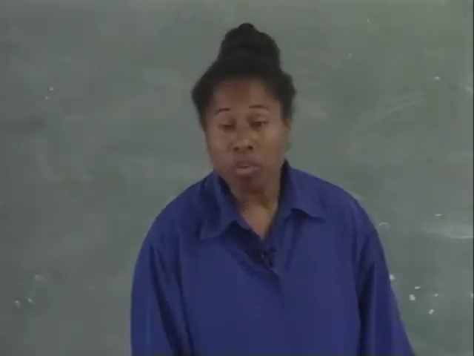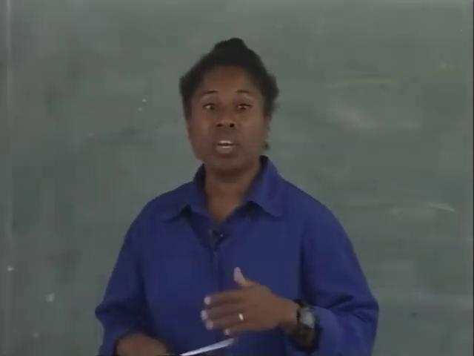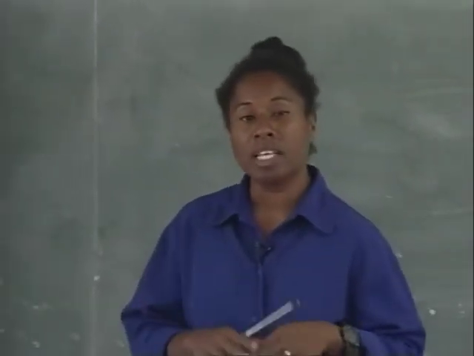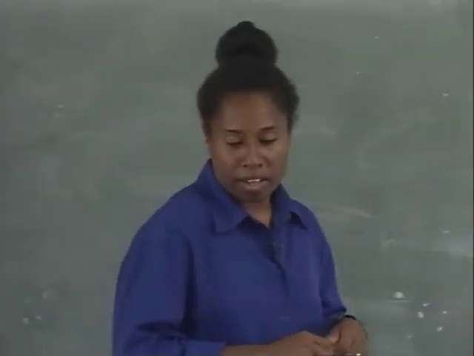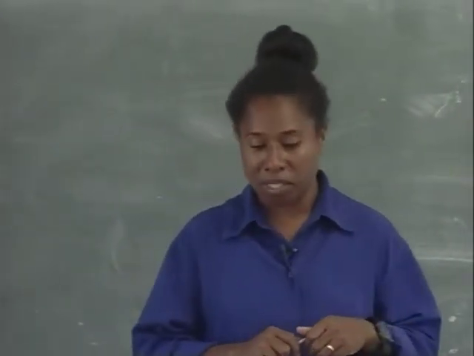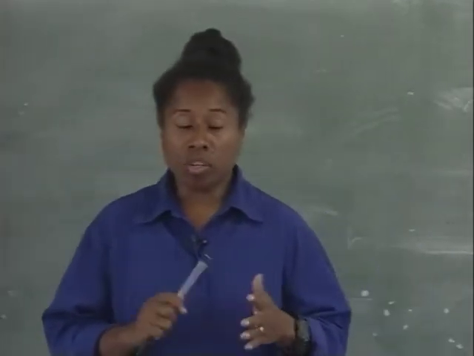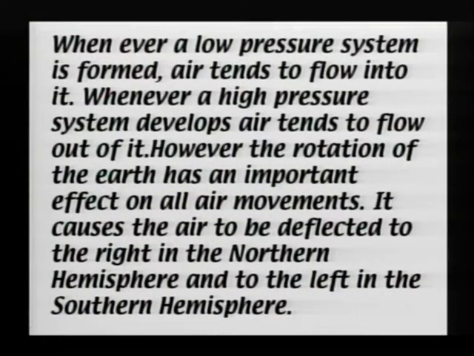Okay, we move on. We also looked at the circulation of air into the lows and out of the highs in the northern and southern hemispheres. Whenever a low pressure system develops, air tends to flow into it. Whenever a high pressure system develops, air tends to flow out of it.